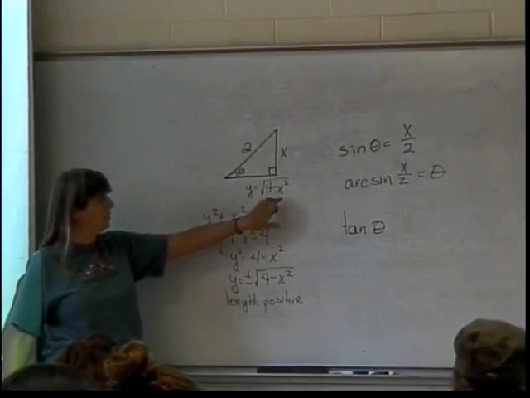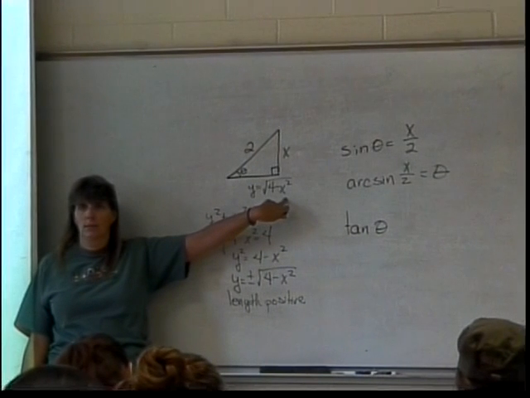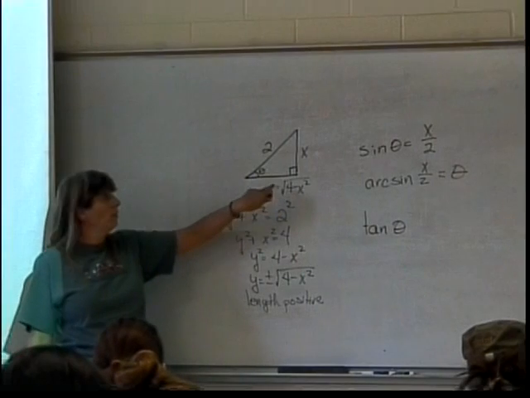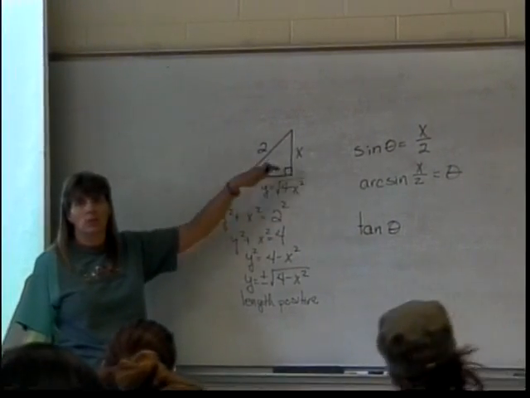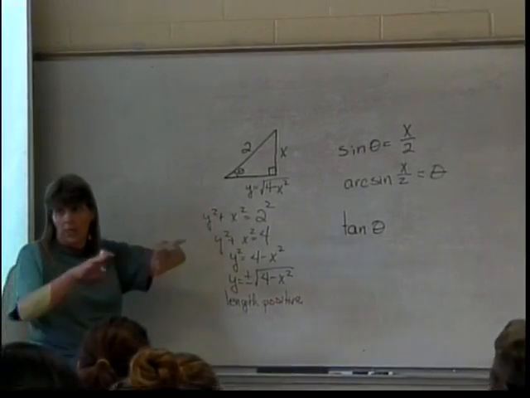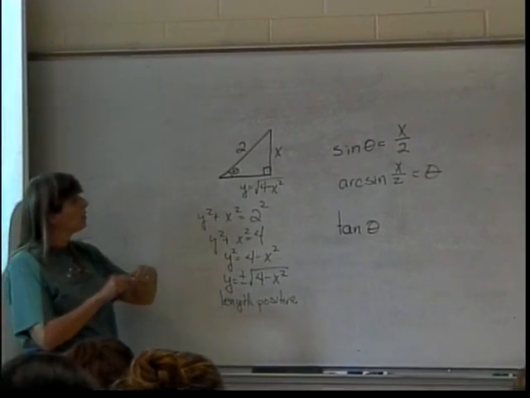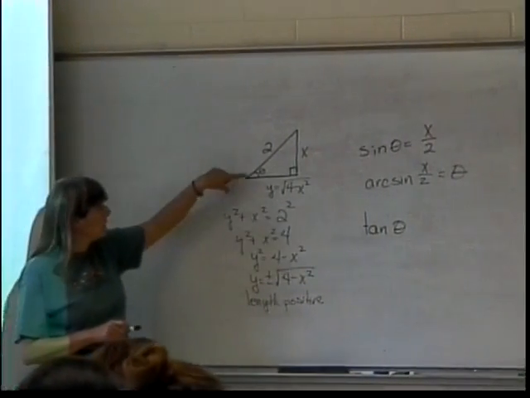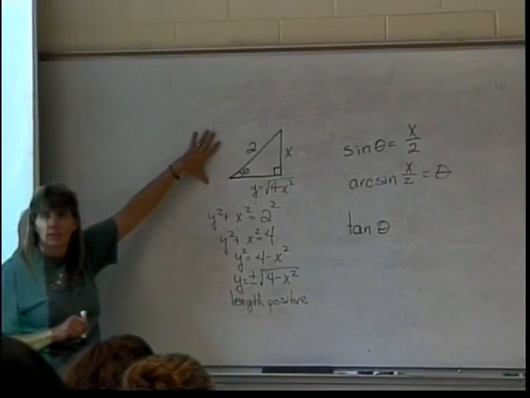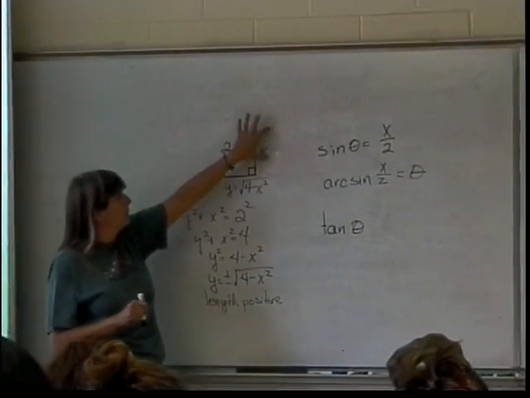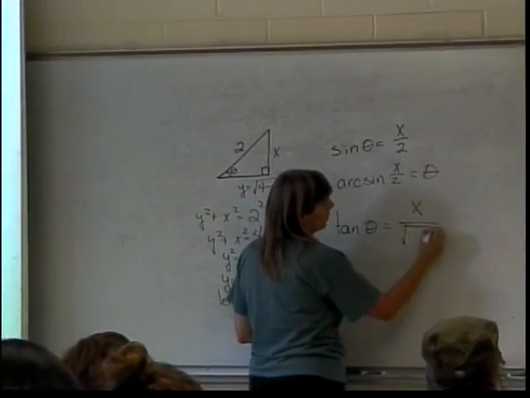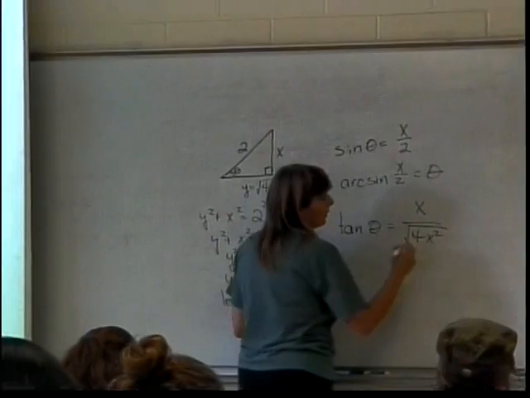By the way, is this the same thing as 2 minus x? No. No, you can't distribute square roots over addition. Square roots distribute over multiplication, okay, but not over addition. So now, I can write the tangent of theta. What's the tangent of theta based on the sides of the triangle? X over this thing. X over the square root of 4 minus x squared.